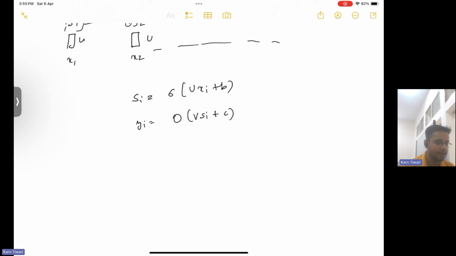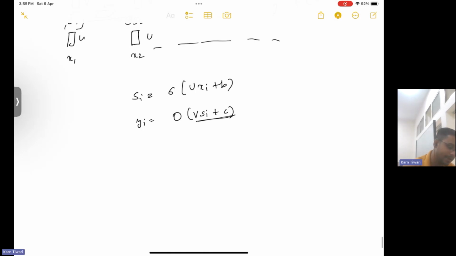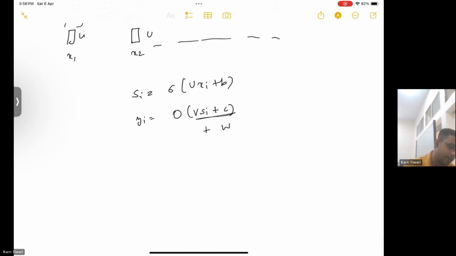I is the time step. This is the normal thing without the connection, but here we will be adding W S(i-1) as well, because we want the model to take the previous hidden representation into account.